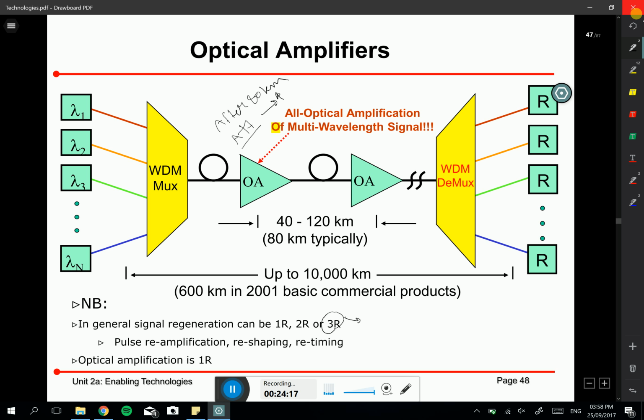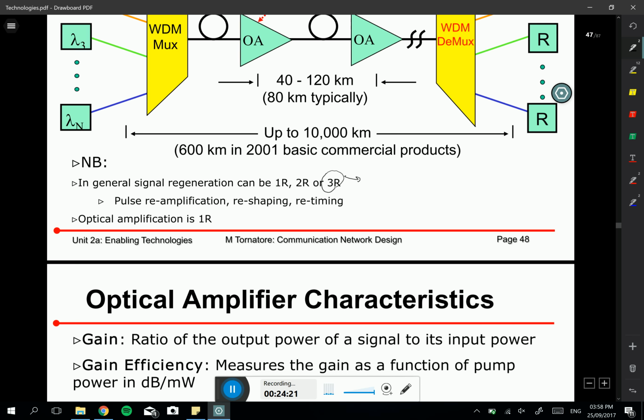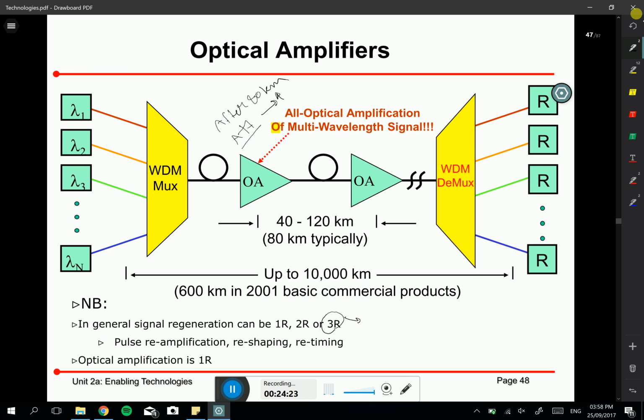The operation of cleaning the signal and sending the signal farther away is called regeneration. Why 3R regeneration? Because indeed, regeneration contains 3 possible ways of improving the signal.